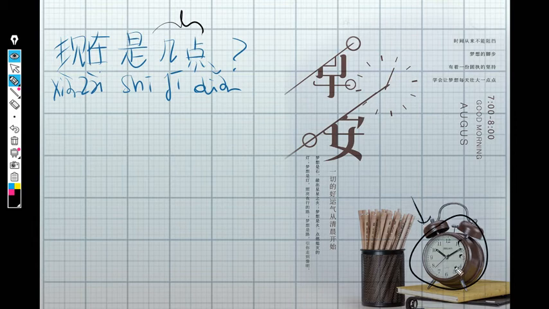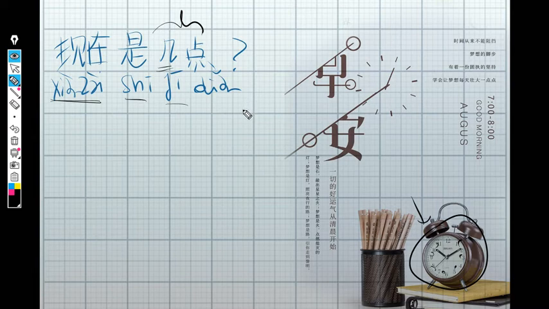How many dots went by, sort of like that. And since we are talking about small quantity, we're gonna use qi instead of duo shao. So 现在 right now 是 to be 7点.